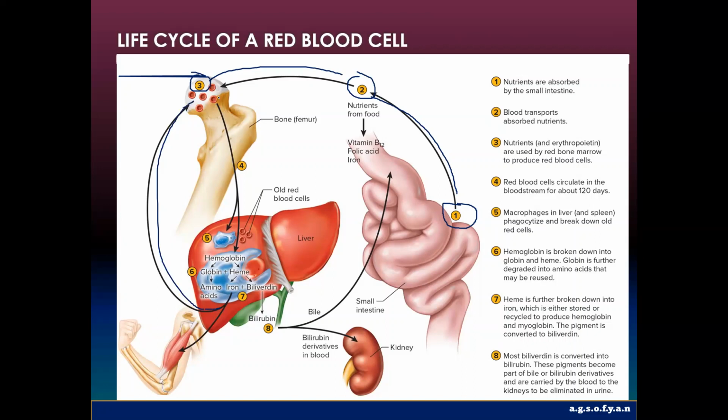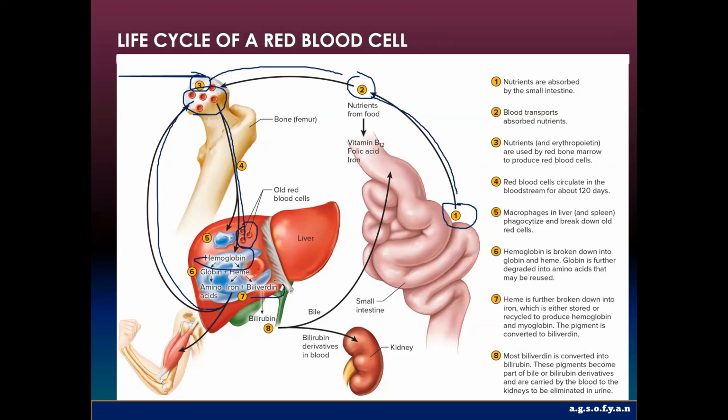And then the old red blood cell will be broken down. It has to be carried into the liver first. It will be broken down over here into the globin part and the heme part. The heme will be broken down into iron and biliverdin.